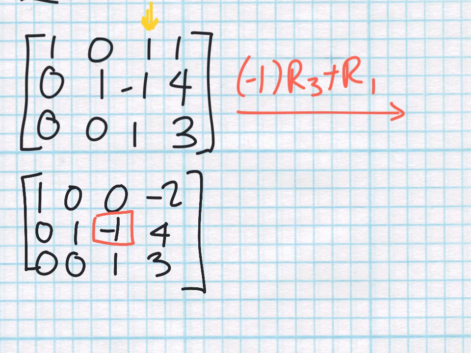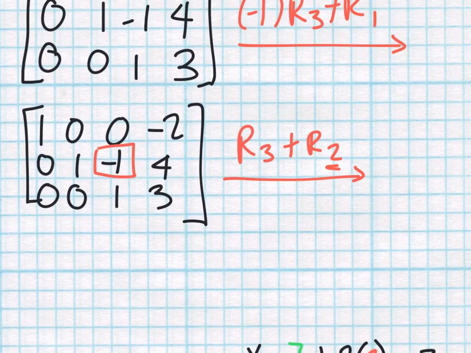Well, it looks to me like I should add row 2 and 3 together. So I'm going to say row 3 plus row 2. And you notice the last one is where I put the answer. So when I say row 3 plus row 2, that means I then replace row 2 with that. So what happens when I do row 3 plus row 2?